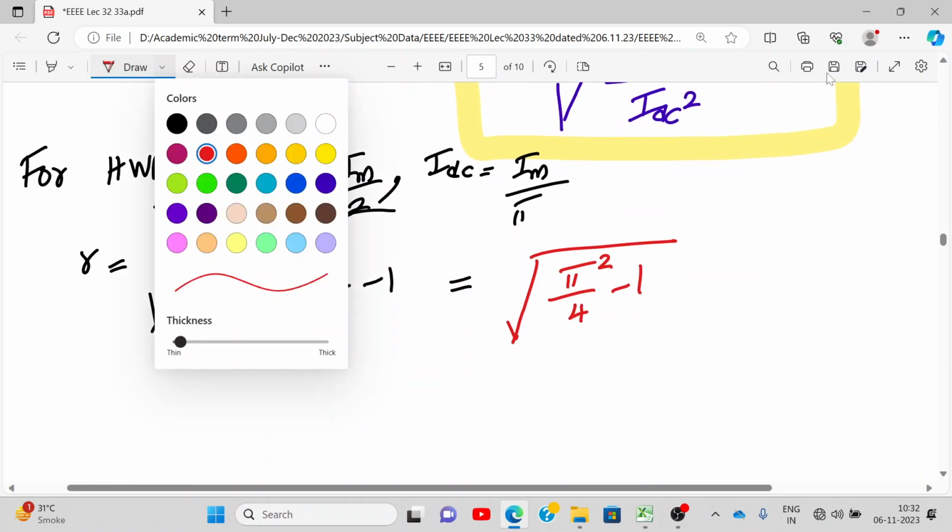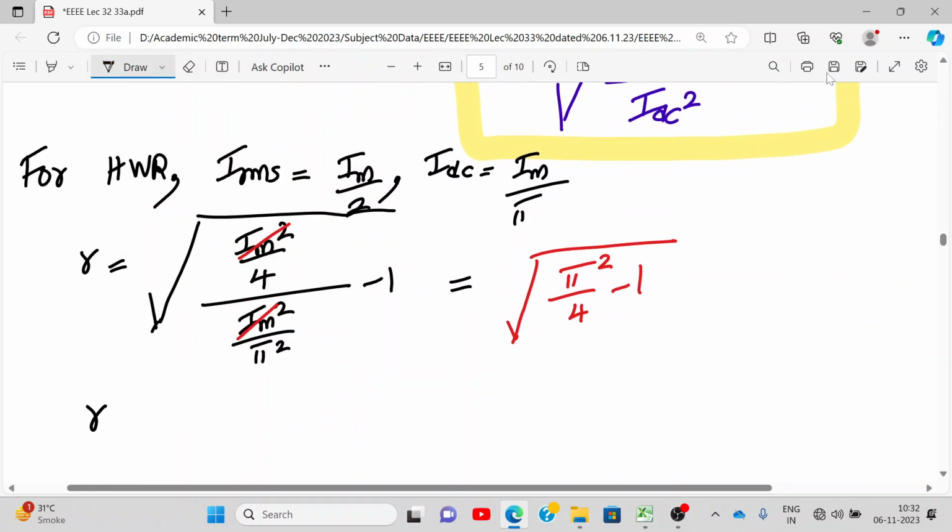Calculate how much it is. It will come out to be 1.21. Please check this answer. And this is for the half wave rectifier.